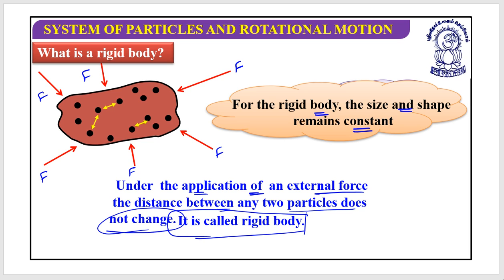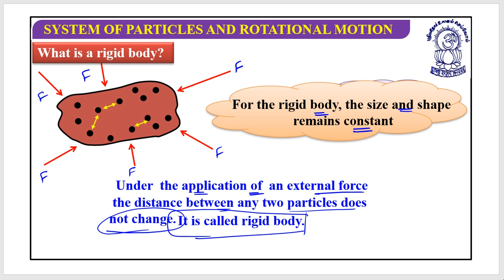It is the body which does not change its dimensions. When I say dimensions, I mean its size and shape, even though a large amount of force is acting on the body. If this is the case, we can say that the object is a rigid body. I hope this is clear.